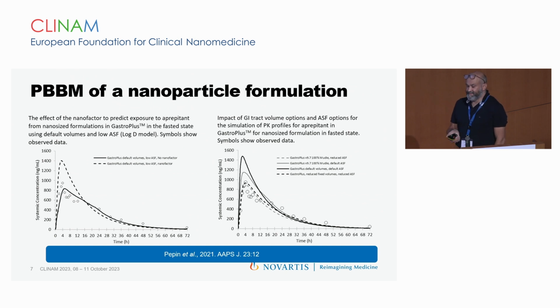You can see there's a difference between the nanofactor on and the nanofactor off, and the nanofactor off gives the best prediction. On the right-hand side, we're looking at the impact of gastrointestinal tract volumes and different absorption scale factors. The best predictions are with the reduced gastric volumes and the reduced absorption scale factors. And this is published data.